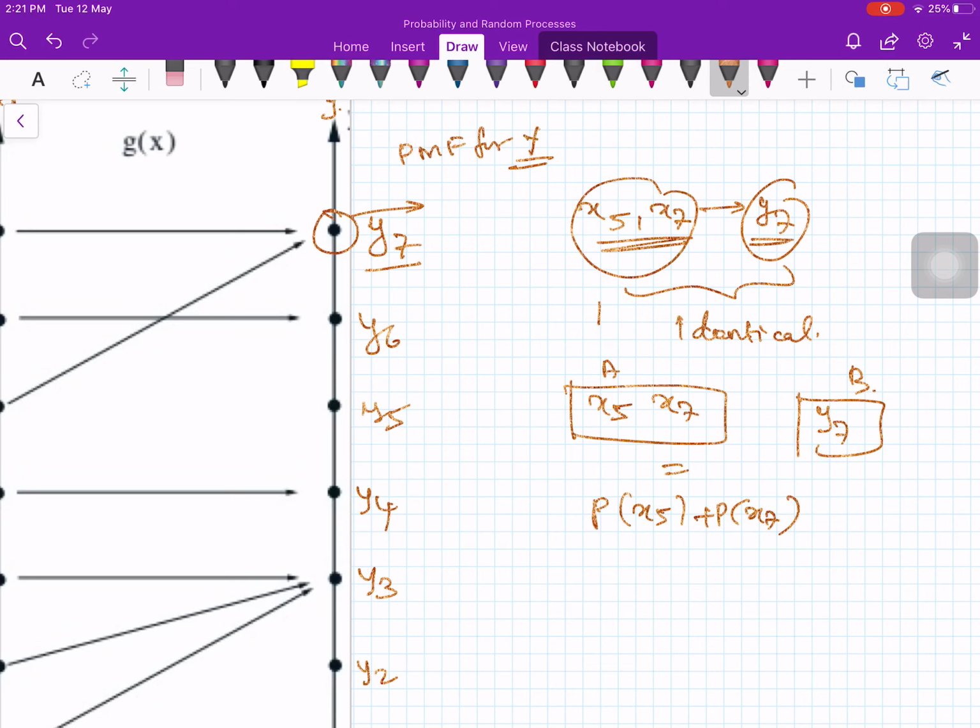So we just add the probabilities of the different x's. What are the different x's here? x5 and x7, where the summation is taken over all x's that lead to that particular value of y. What is the particular value of y here? y7. So P of y7.